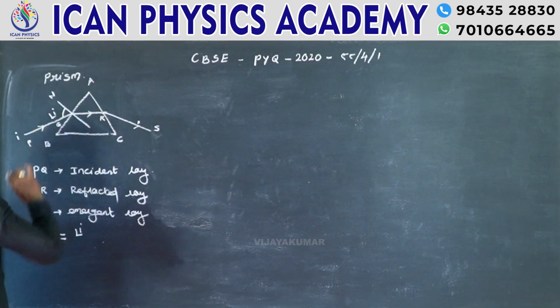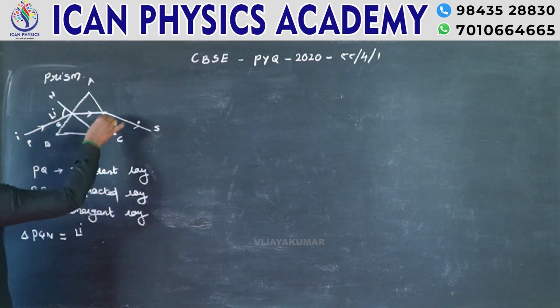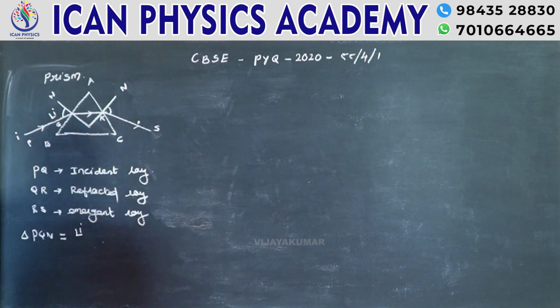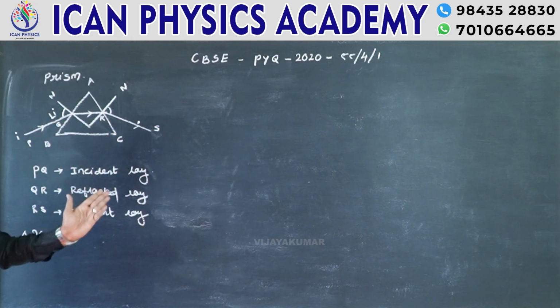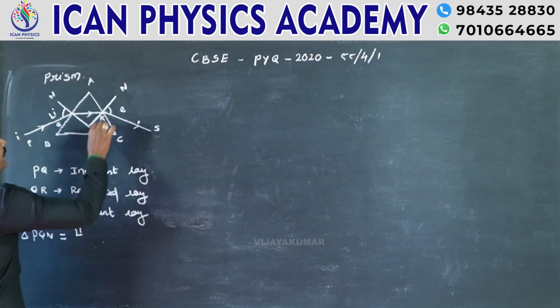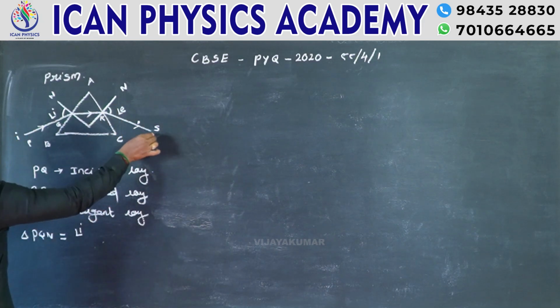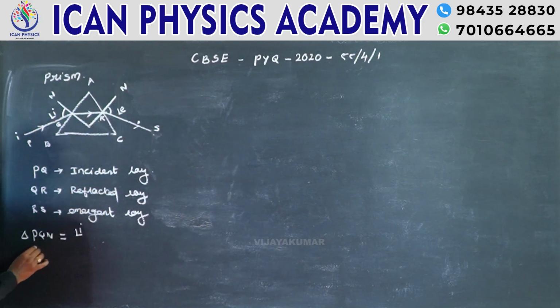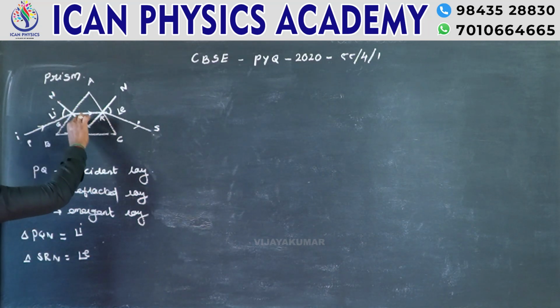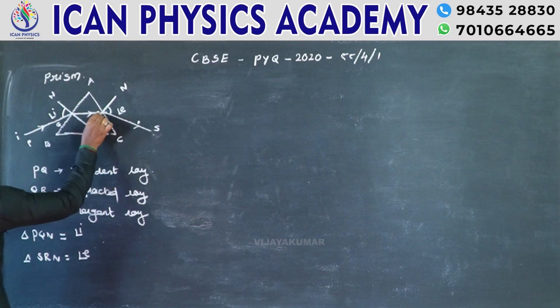At this point R, we can draw a normal. The ray which comes out is the emergent ray. So the angle of emergence is SRN, which makes an angle of E. Now this is the normal and it is the refracted ray.